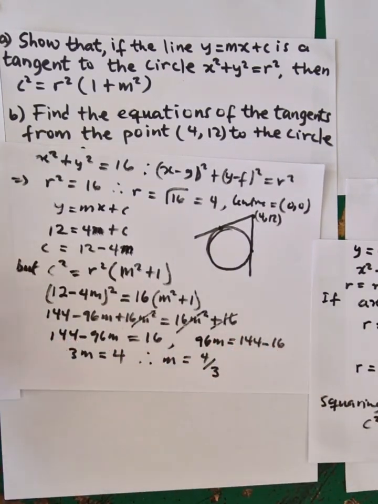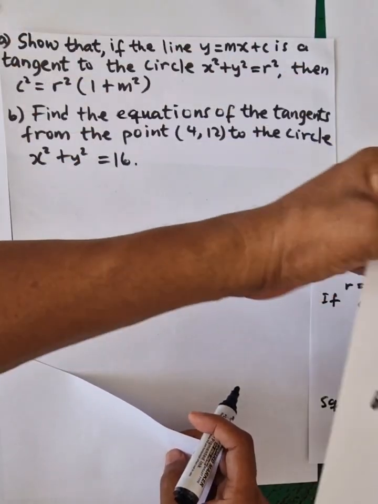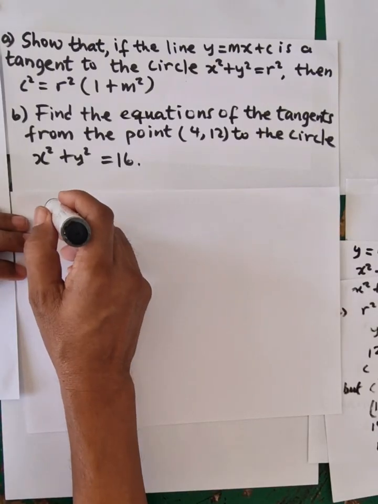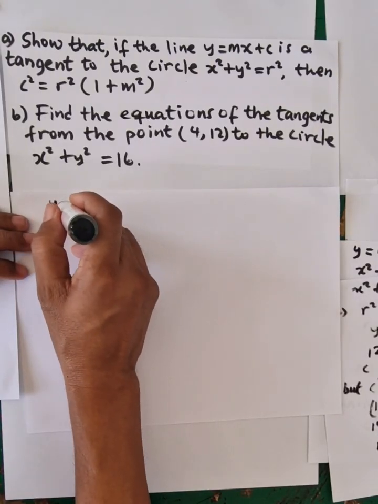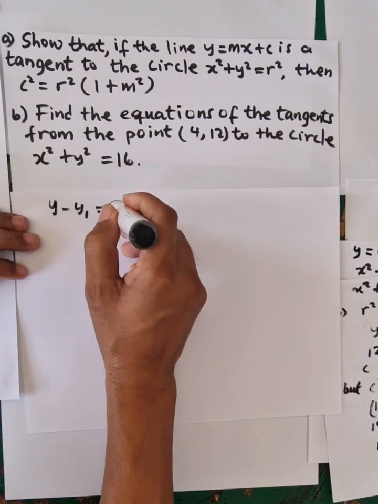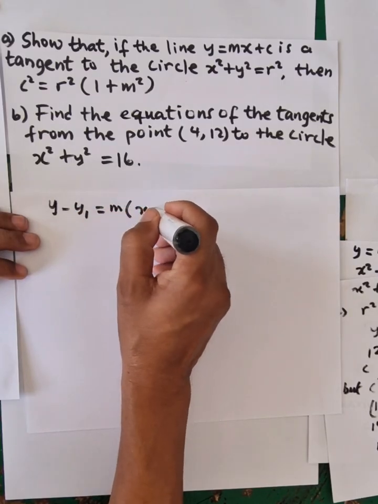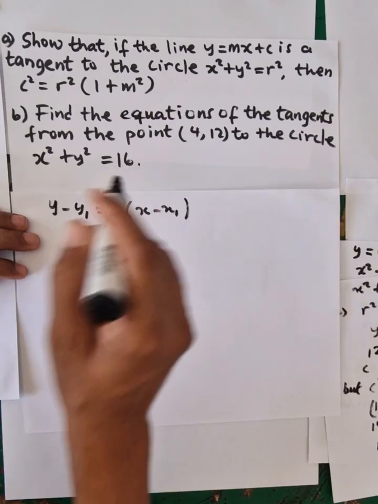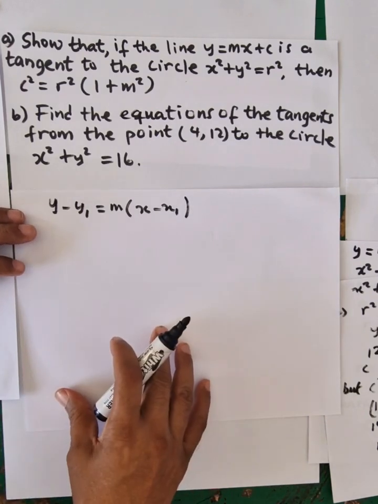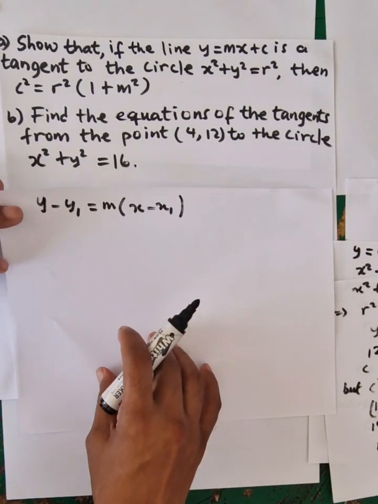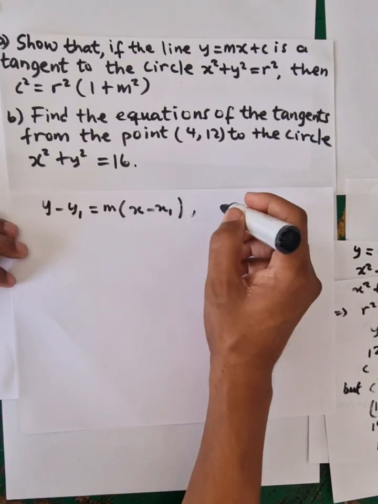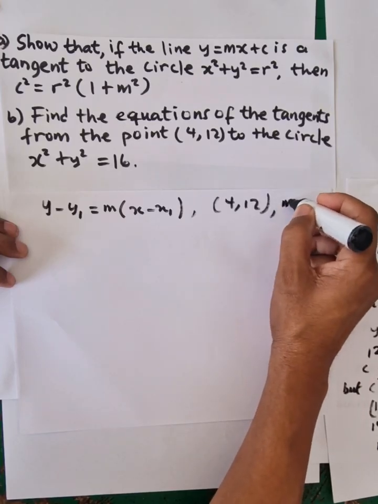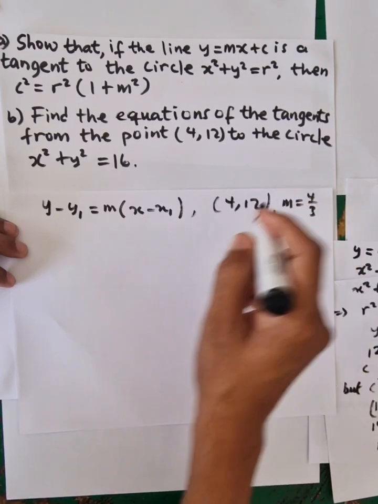Now, using the straight line formula, y minus y1 is equal to m into bracket x minus x1, and then we also use the point 4, 12, and we know that the value of m also as being 4 on 3.